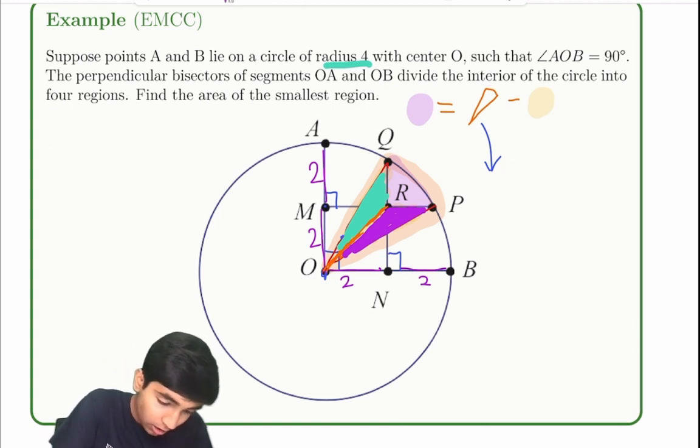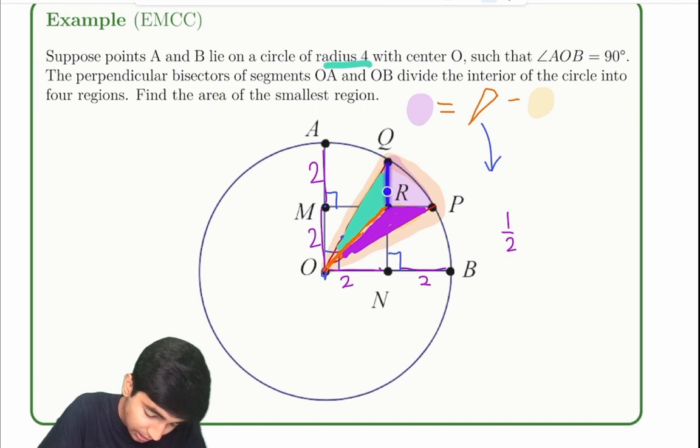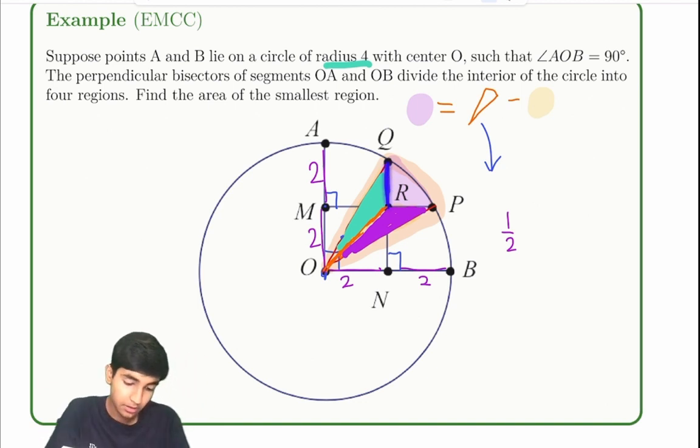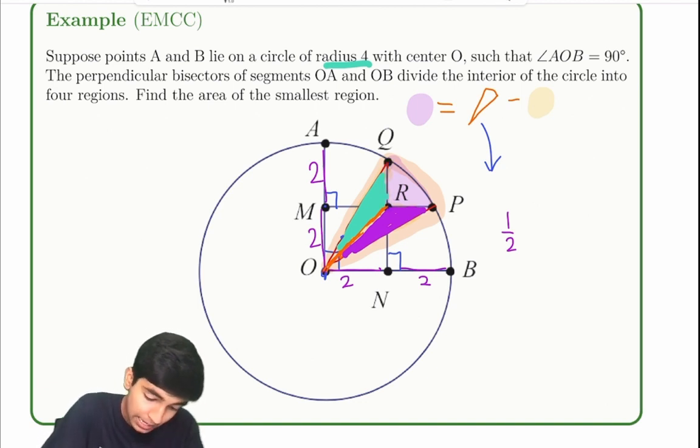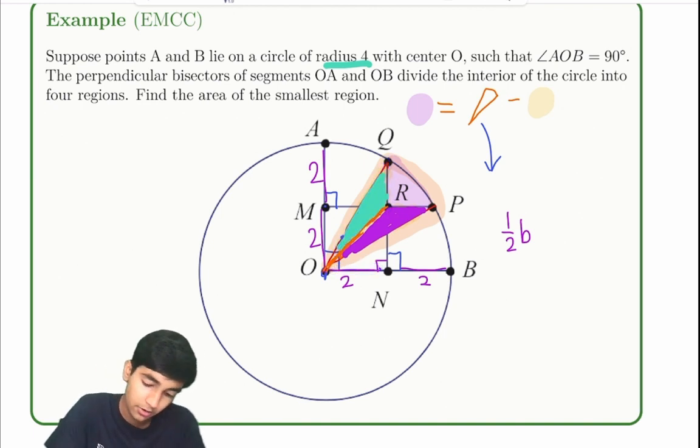So for the first triangle, we have half times the base, which is this length. Now, what is the height? Well, notice that the height is the one that forms a 90-degree angle with the base. So this over here will be the height of this triangle. Half base height, and the height is 2.